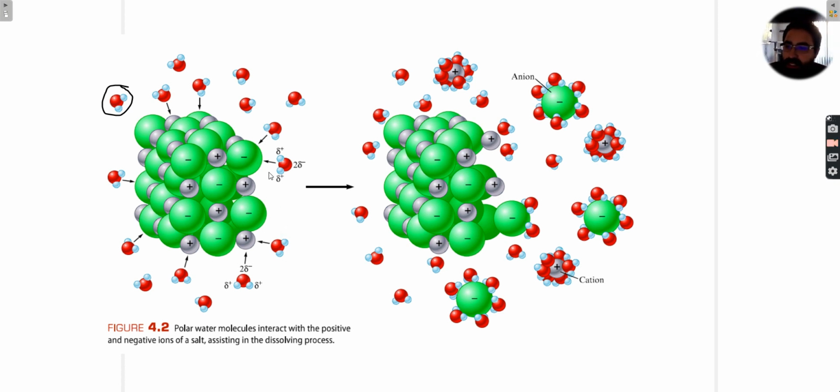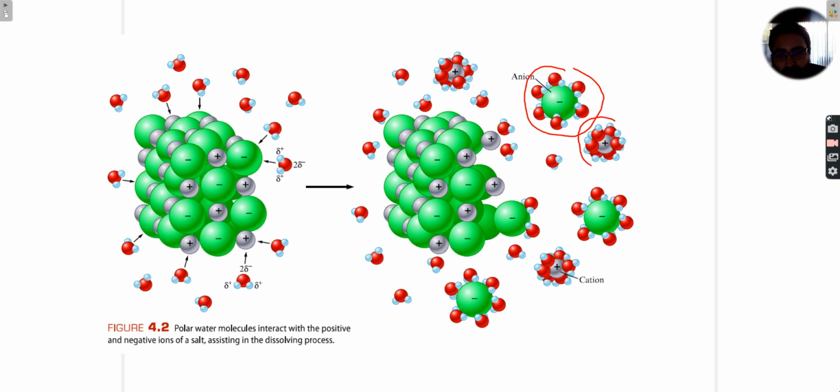Now, what happens afterwards? Well, after all these water particles are floating around, and they've pulled apart the cations and the anions, they surround themselves and they face, so the positives will face the anions, and then the oxygens will face the cations.